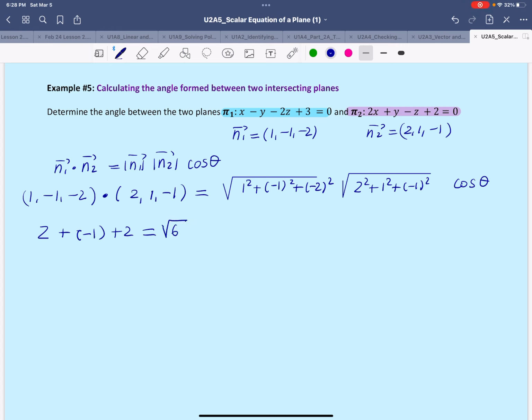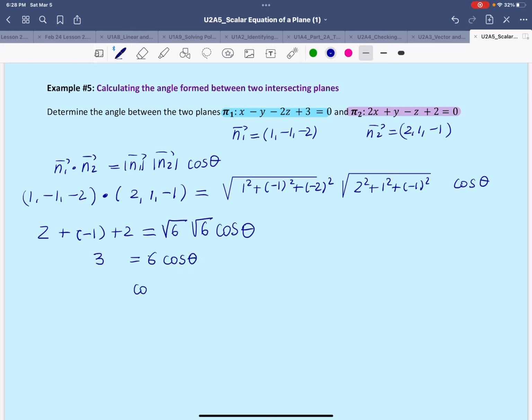And 4 plus 1 plus 1, that's another root 6. So that's cos theta. And we have 2 minus 1 plus 2, which is 3, equals root 6 times root 6, that would be 6 cos theta.